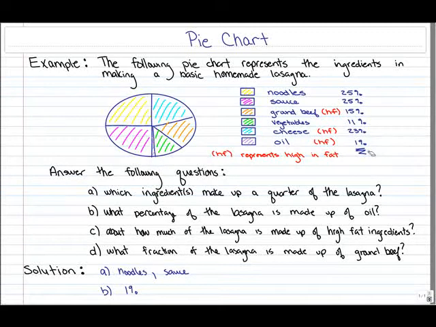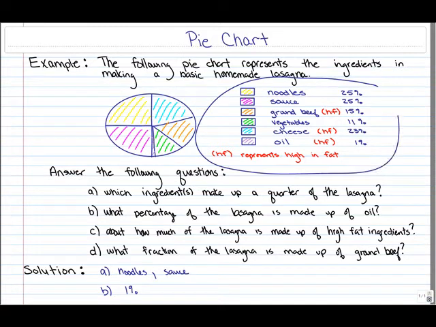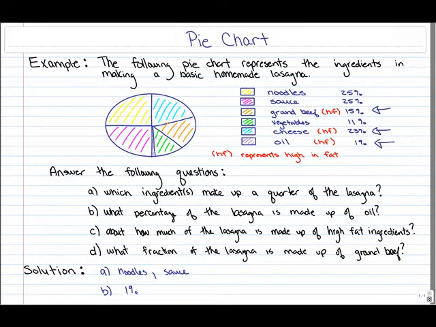Now for part C, it asks you about how much of the lasagna is made up of high-fat ingredients. Well, you'll notice here in the legend that the high-fat ingredients are denoted by HF in the red. And so the ground beef, the cheese, and the oil are all labeled as high-fat ingredients. That would be the orange section as well as the light blue section and the purple section.